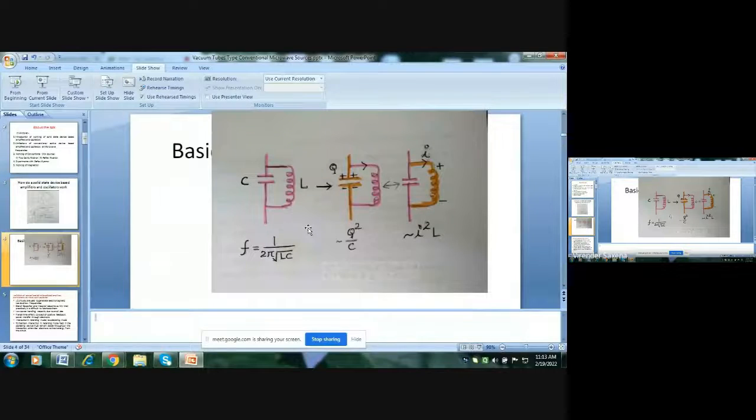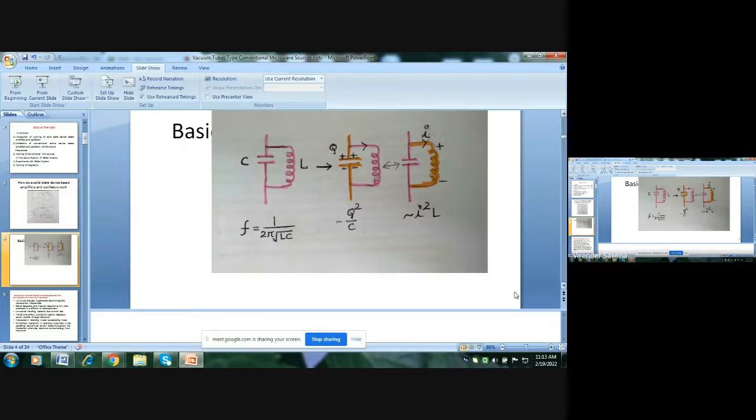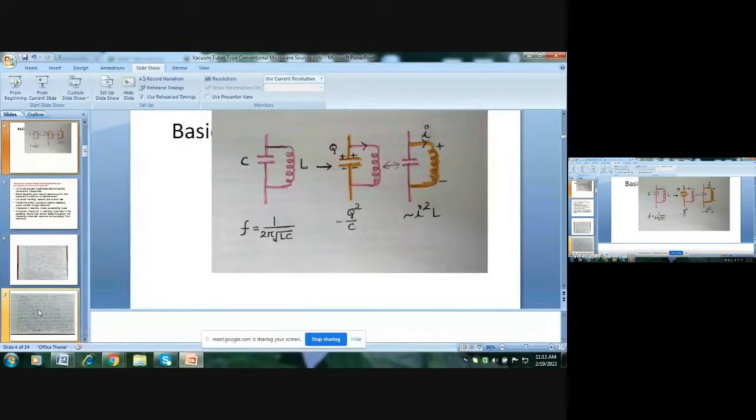So it cannot handle the power, and connecting the device with the lead inductances of the conducting material is not possible.